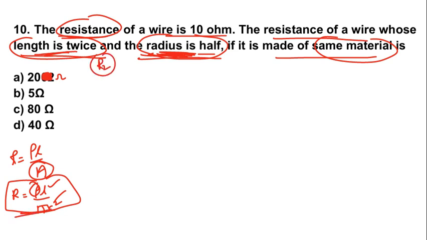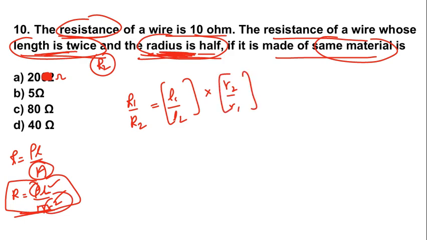From this you can write R1 by R2 equals, rho is the same here, length is changing, that is L1 by L2, and here radius square is there, it is inversely proportional, so that is r2 by r1 whole square. L1 by L2, how much is given? Length is doubled, so L1 let it be L, and L2 becomes 2L.